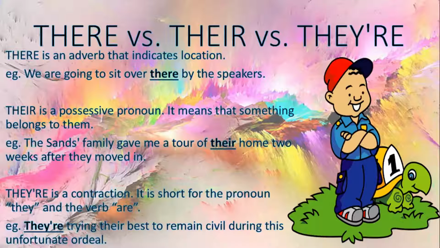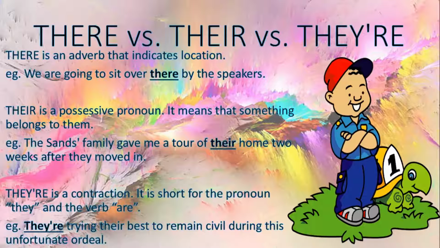T-H-E-Y apostrophe R-E is a contraction for the pronoun they and a form of the verb to be, A-R-E. It's just a contraction, okay? It means they are. Example, they're trying their best to remain civil during this unfortunate ordeal.